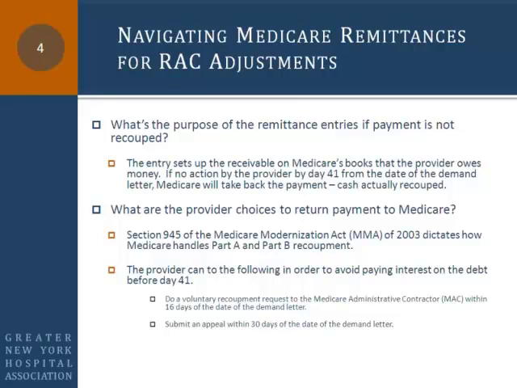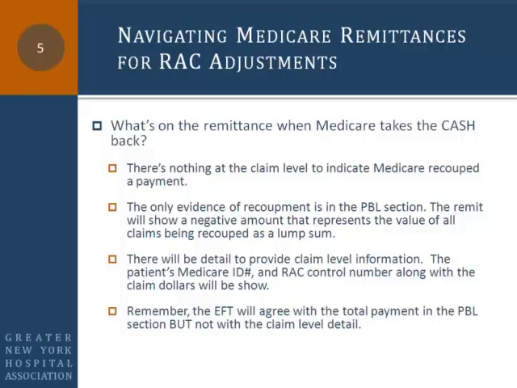You may also do a voluntary recoupment and then take up to 120 days to submit your appeal. You can do nothing, and Medicare will automatically recoup payment at day 41 from the demand letter date and also charge interest from the demand letter date. And you can still appeal your denial within 120 days of the demand letter.